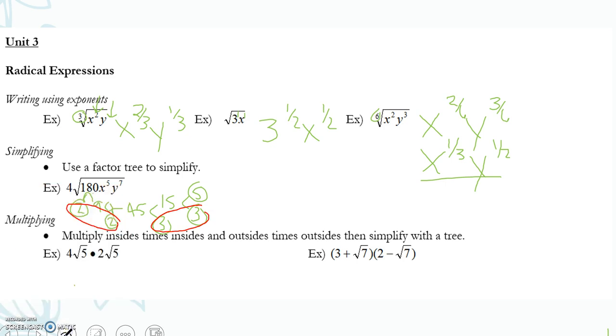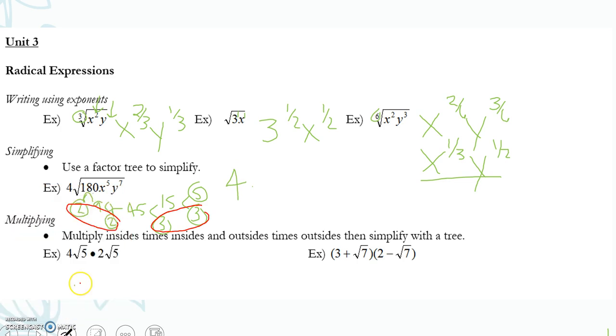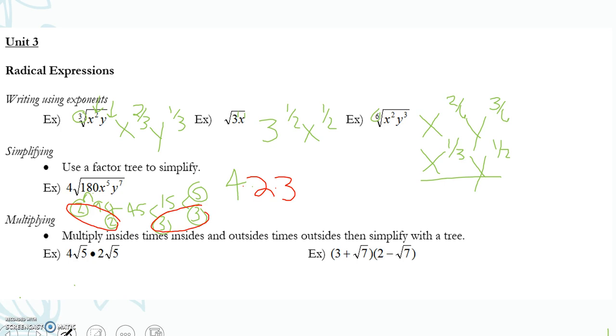So then what I do is I have my 4 that's originally out there, but then I bring out my doubles. So I have a double 2 and I have a double 3. I only bring 1 out for each double. You also have to remember your x's and your y's. So if you can just look at 5 x's and figure out how many doubles, then great.